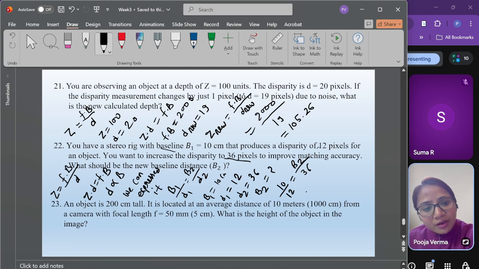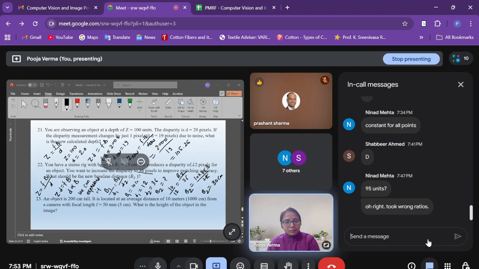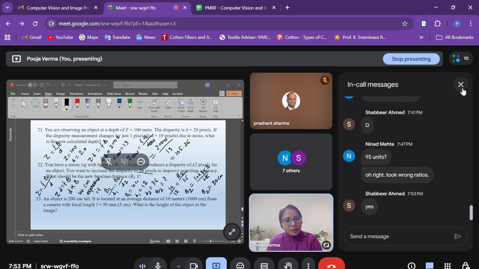From here you will get B2 is equal to 10 into 36 divided by 12. So B2 here you will get 30 centimeter. Is it fine to all of you? Are you able to understand this question? Is it fine?